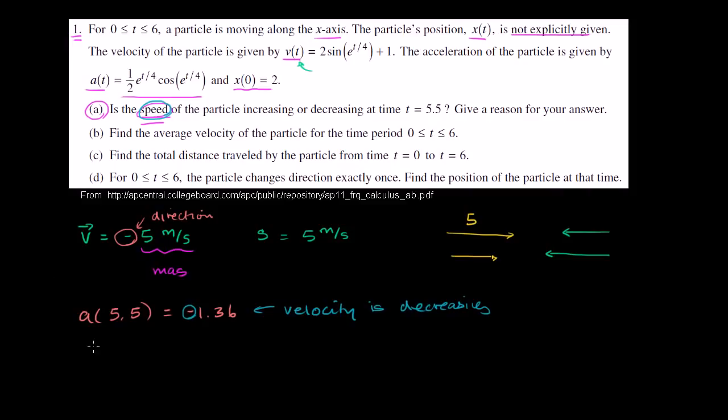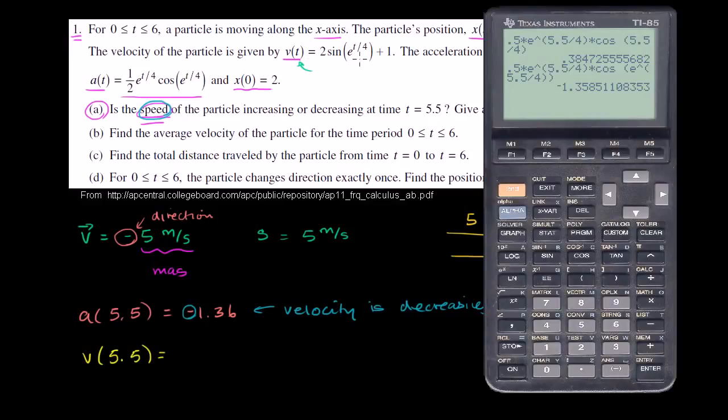So let's evaluate the velocity. The velocity at 5.5, and we'll just get our calculator out again. Velocity at 5.5, this is our velocity function, is going to be equal to 2 times the sine of, let me write it this way just because I want to make sure I get my parentheses right. 2 sine of e to the 5.5, that's our time, divided by 4.